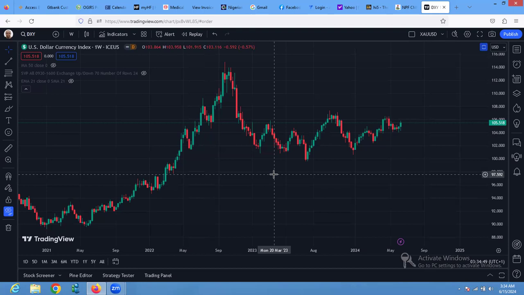Engulfing candles, pin bars, and all of those candles are useful tools, but you can't just use them anyhow. An engulfing candle in a consolidation does not mean anything. A pin bar in a consolidation does not mean anything except you know how to use them.